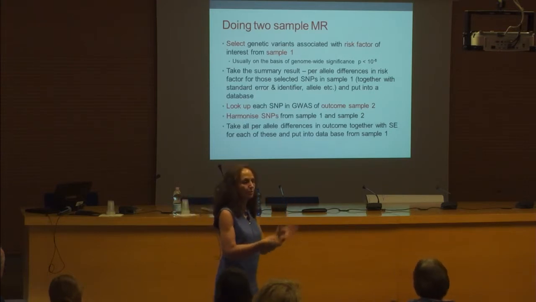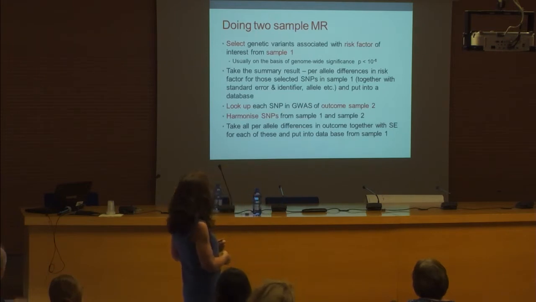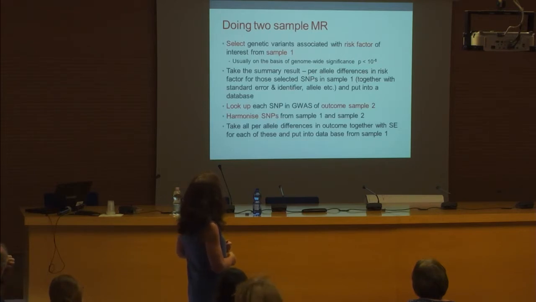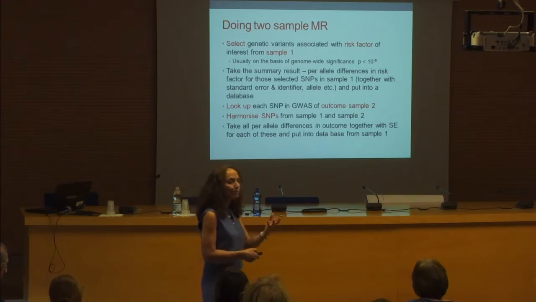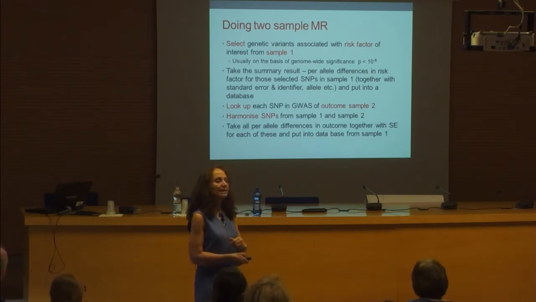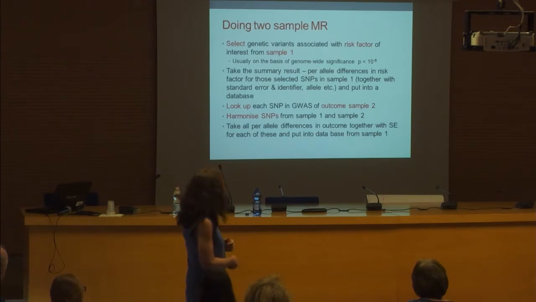So you have those 26, and then you might take that information and put it into an Excel spreadsheet or into your Stata or R data file. You put in the per allele difference in those SNPs and their standard errors, together with the information that is going to help you in harmonizing those SNPs with the second sample, your outcome sample.